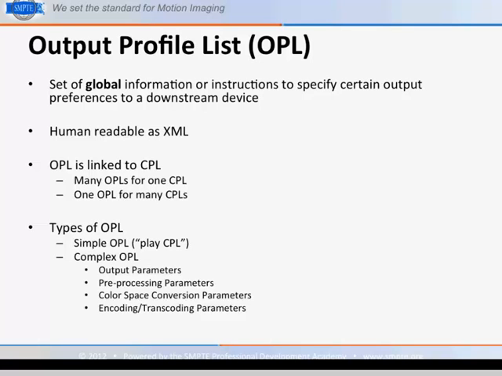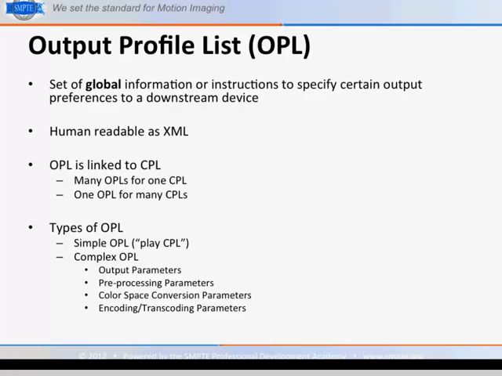Say you have a specific file format for someone downstream. It's an MPEG-4 low complexity with an AAC audio encode. Well, you could put those different parameters and the bit rates and what you actually need into the OPL and then just reuse that each time for the different CPLs.